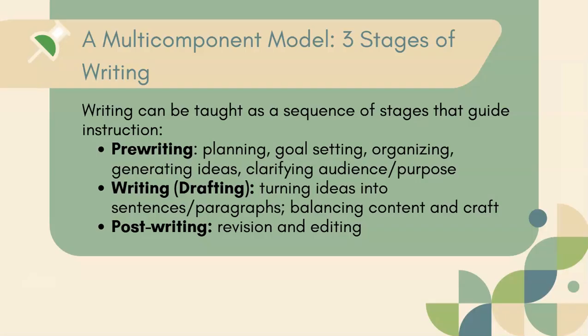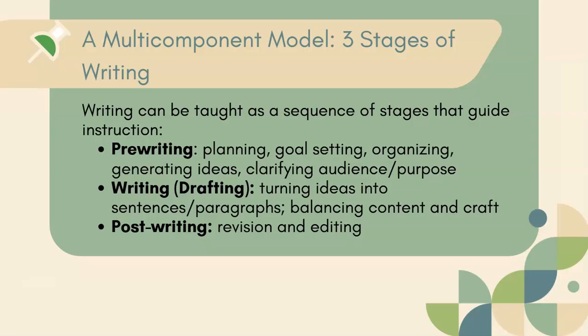A multi-component model, the 3 stages of writing. Writing can be taught as a sequence of stages that guide instruction. So we have the 3 stages: pre-writing, writing or drafting, and post-writing.